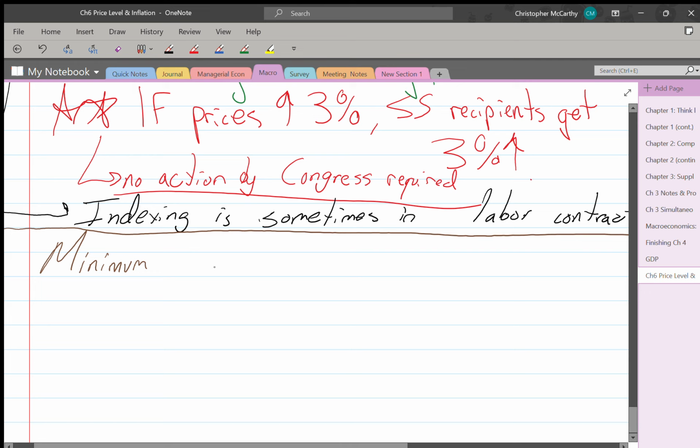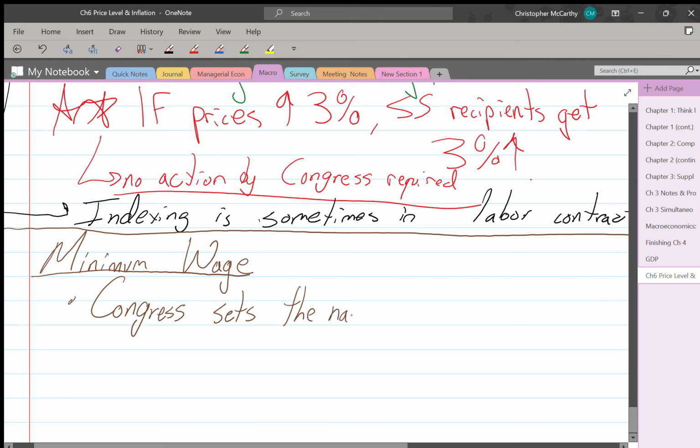Minimum wage, also a good song by the Expendables. So Congress sets the national minimum wage, but they set it in nominal terms. It's like they never took an econ class.